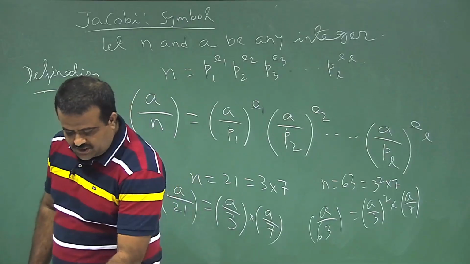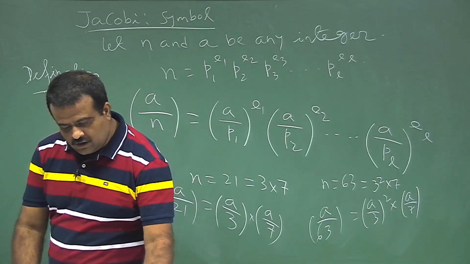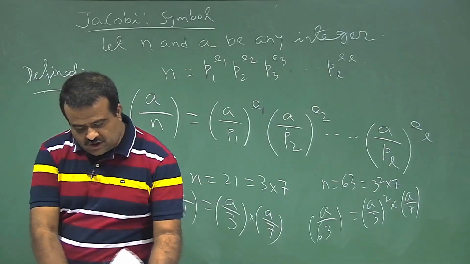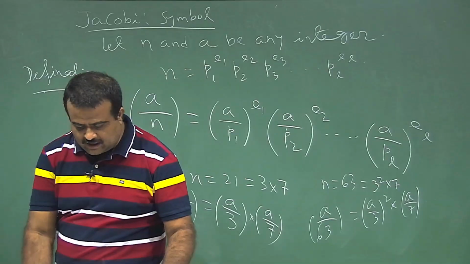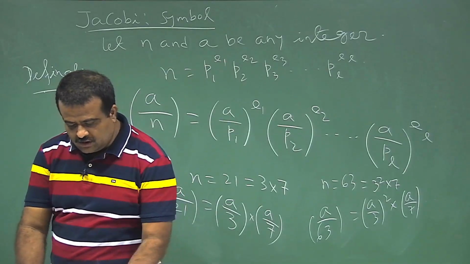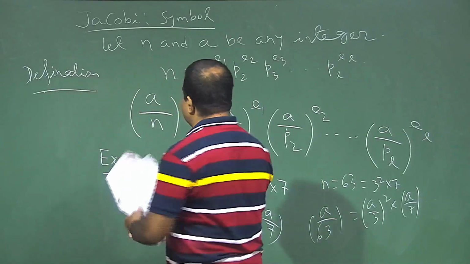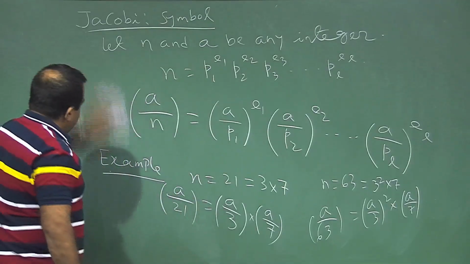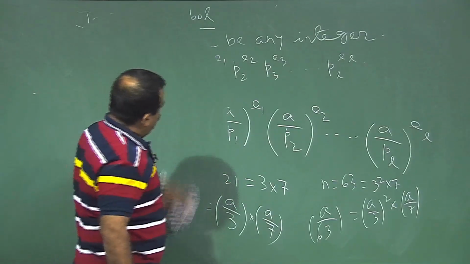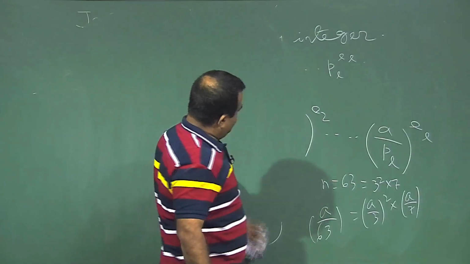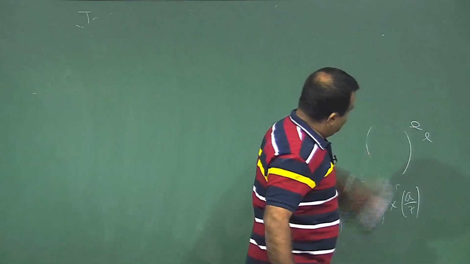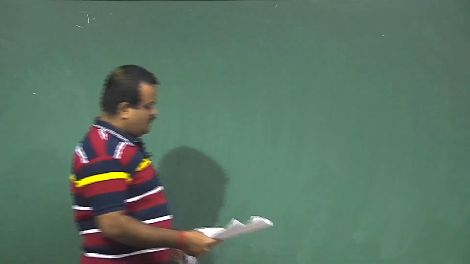Now we will talk about some properties of this symbol, so that you can use them to calculate Jacobi symbols. These are the results on the Jacobi symbol, and they can be proved using the factorization of the primes in the Legendre symbol.